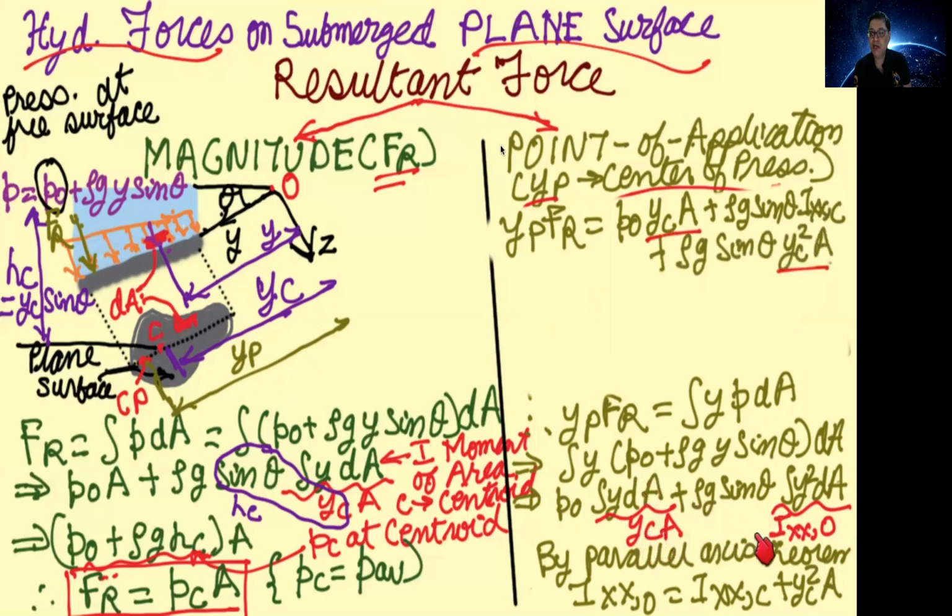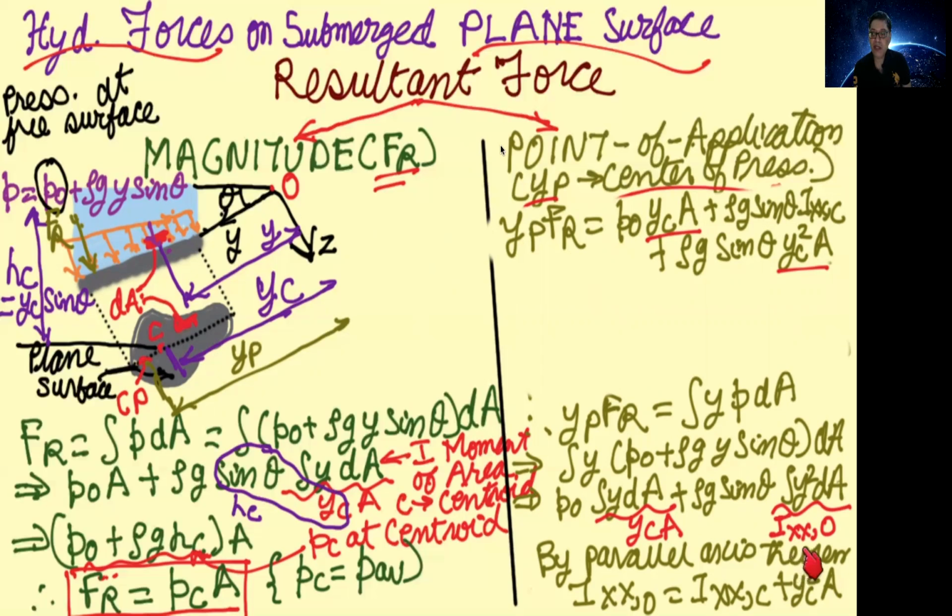Now this moment of inertia is about this point O. Whenever you have a plate, you can calculate it, like for a rectangular plate of width a and height b, the moment of inertia about the centroid is a b cube by 12. So for most plane surfaces, we know the moment of inertia about its centroid.